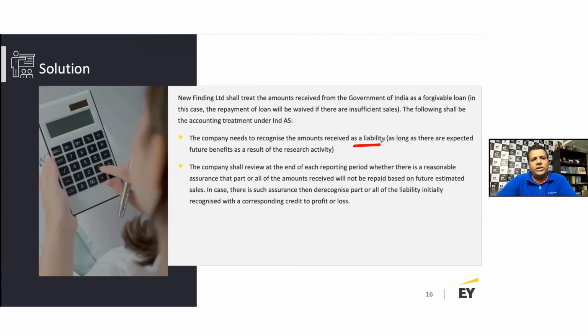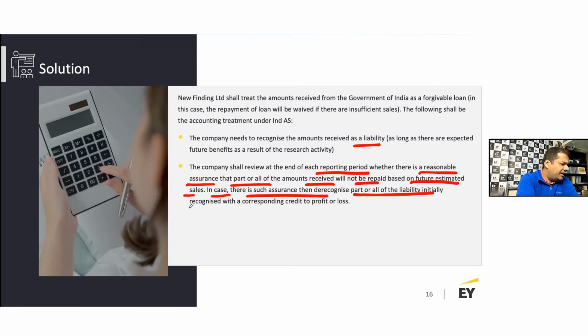The company shall review at the end of each reporting period whether there is a reasonable assurance that part or all of the amount received will not be repaid, based on future estimated sales. In case there is such assurance, then de-recognize part or all of the liability initially recognized with a corresponding credit to profit or loss.